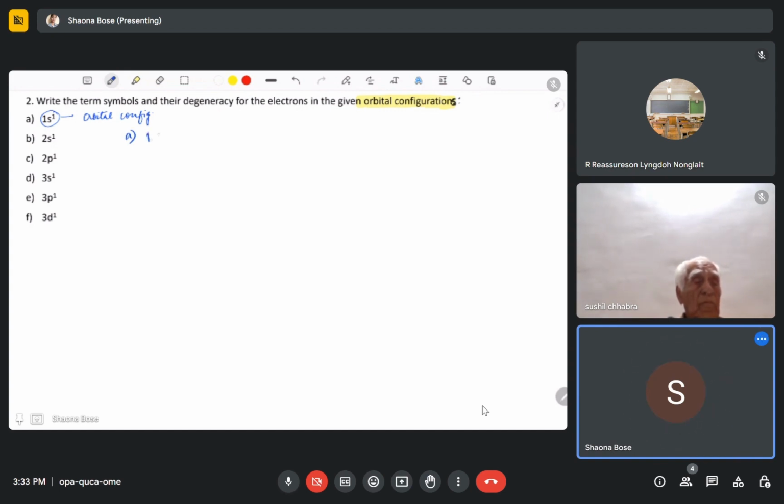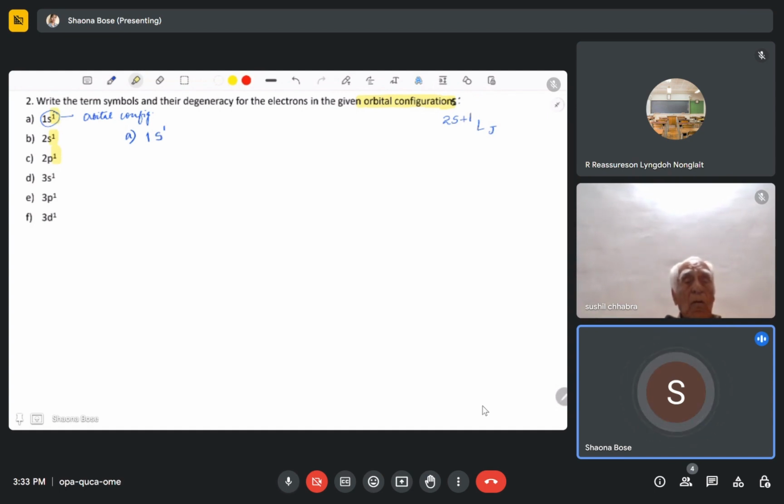So it is a 1s1 electron, right? And I'm just writing our usual notation on the top right corner. You might have asked what is the purpose of this superscript 1.